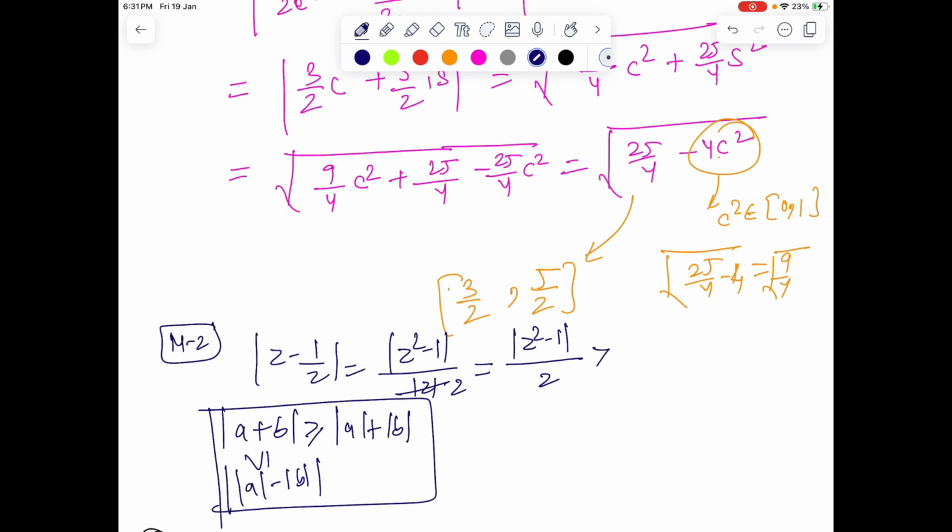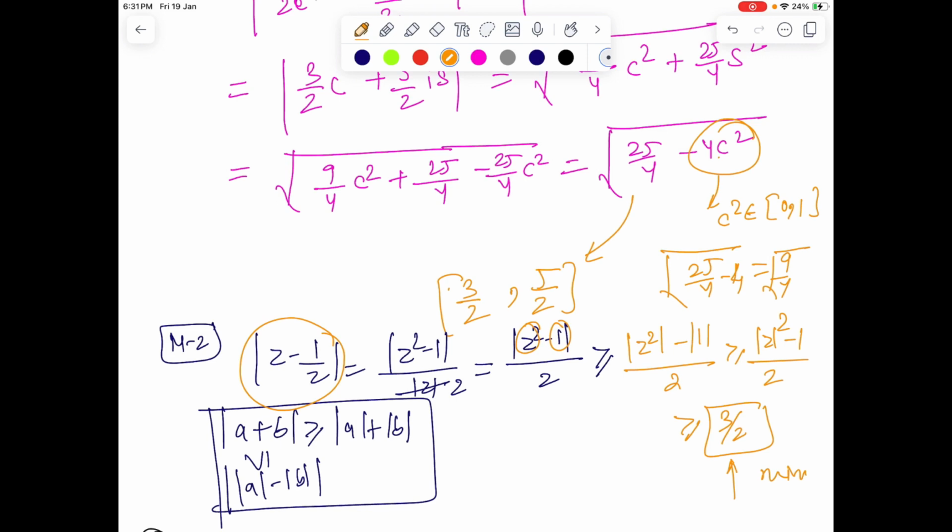So this is basically the triangle inequality when you represent complex numbers in a triangle. So the third side is greater than the difference of two sides, so mod z square minus mod 1 by 2. Now mod z square is mod z whole square, minus 1 by 2, and mod z is 2, so 4 minus 1 over 2, 3 by 2. So this shows you how to get the minimum value of this expression. So this quantity is always more than or equal to 3 by 2.